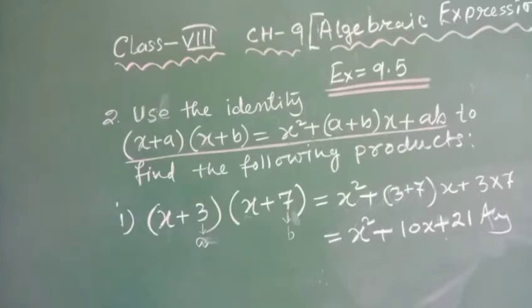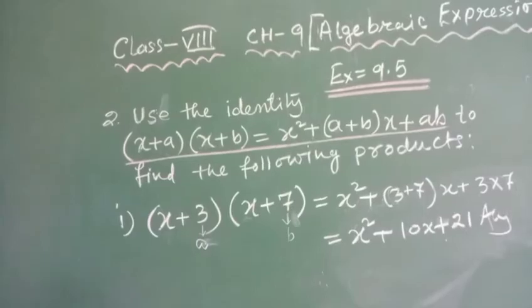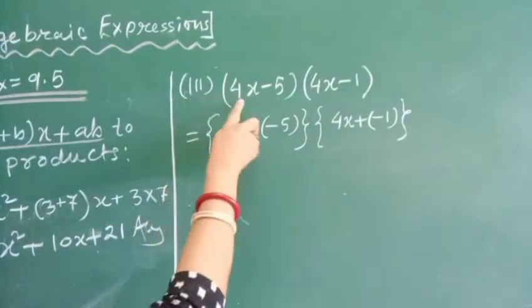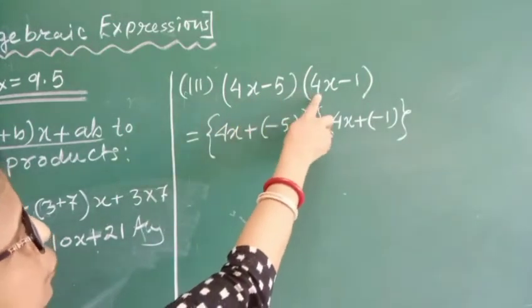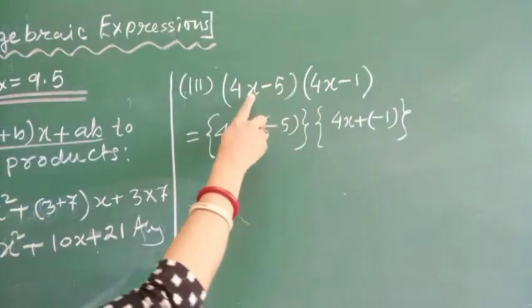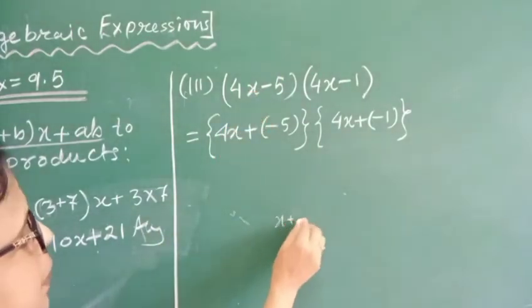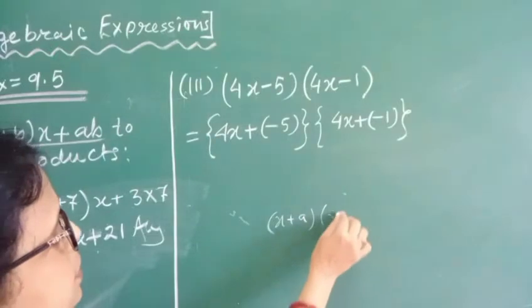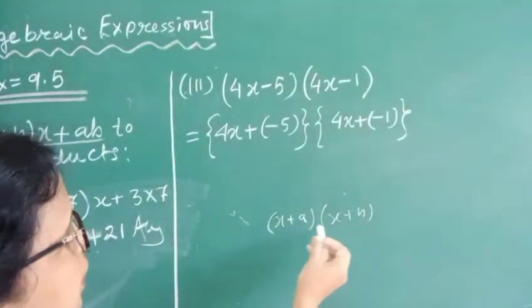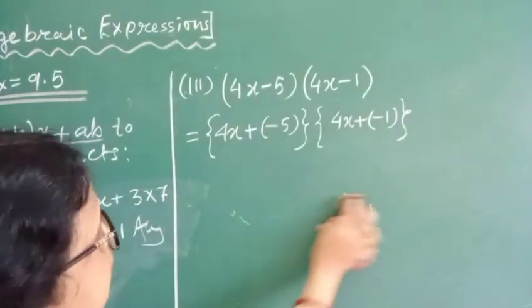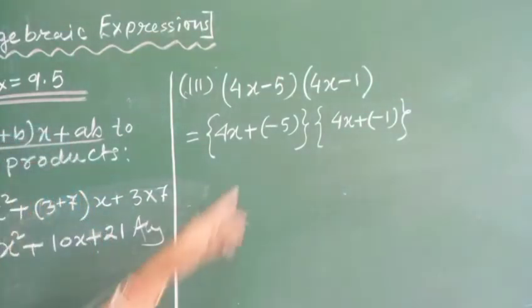Okay. Now come to the next sum. Question number 3: 4x minus 5 into 4x minus 1. Now you can see that instead of x plus a into x plus b, we are getting a minus sign here. So what? When we get a minus sign, we make it a plus sign.